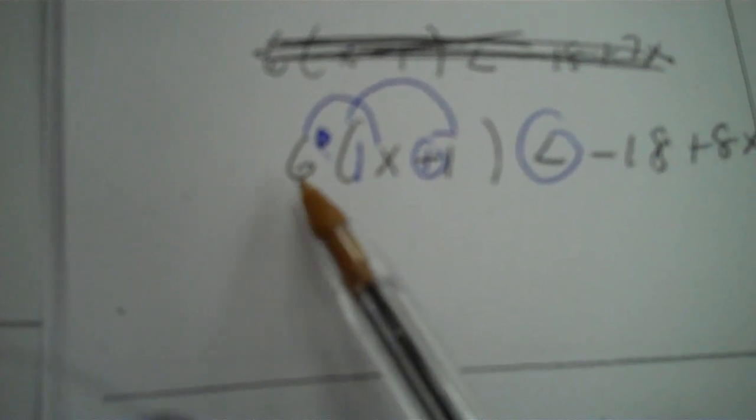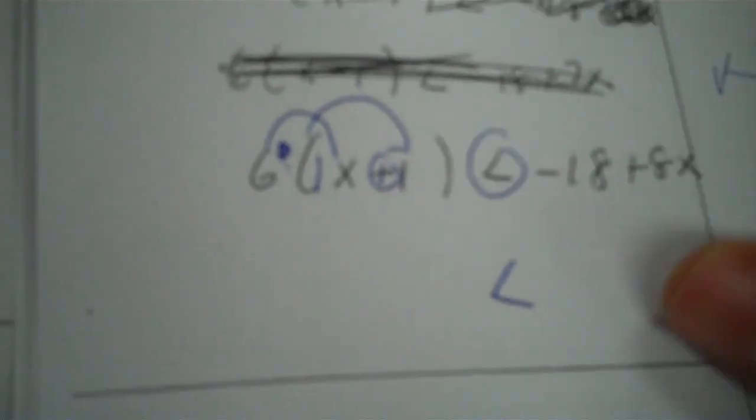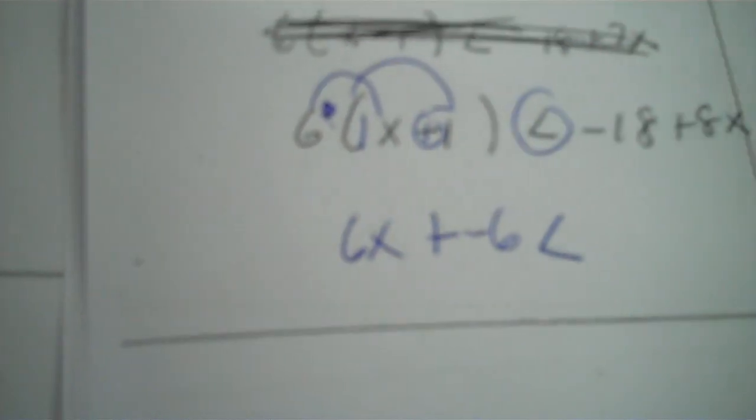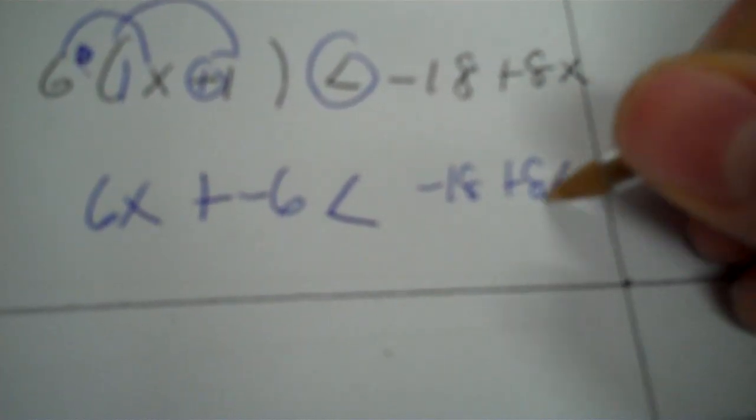Now, when you distribute, even if that's a negative, it doesn't matter because you're just doing it on one side, so the sign stays the same. Okay, it's not like you're changing both sides. So drop your plus. 6 times 1x is 6x. 6 times negative 1 is negative 6. And then we have negative 18 plus 8x.